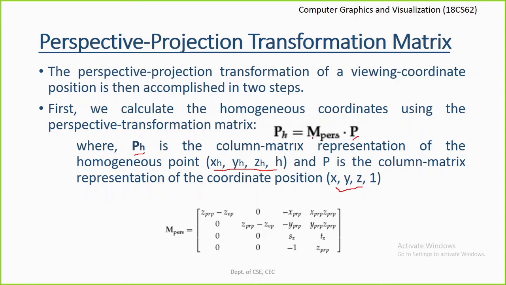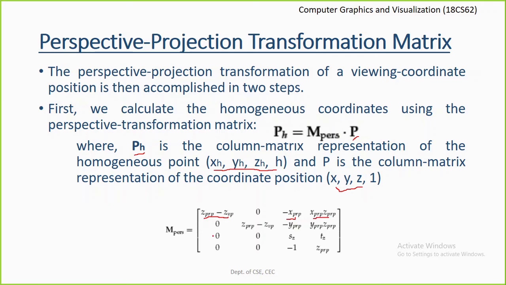The perspective matrix is given like this: m perspective equals, the first element in the first row is zprp minus zvp, the z coordinate of the projection reference point minus the z coordinate of the view plane. The second element of the first row is 0, the third element is minus xprp, the x coordinate of the projection reference point, and the fourth element of the first row is xprp into zprp.